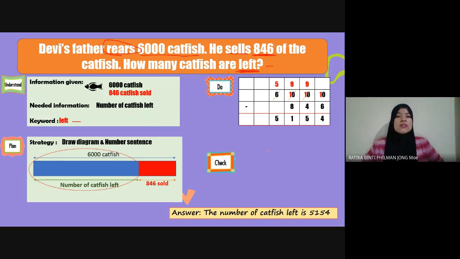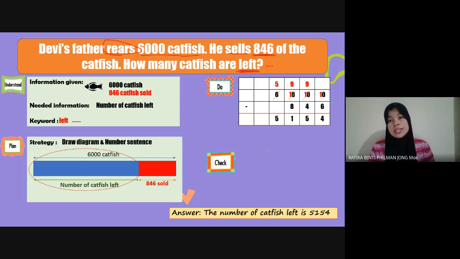Okay. So class, you have learned how to solve problem with addition, and also problem solving with subtraction. What if you have two operations in one problem solving? Okay, kita dah belajar kan? Kita dah belajar tolak berturut-turut, subtract successively, and also you have learned mix operation, tambah dan tolak dalam satu matematik.